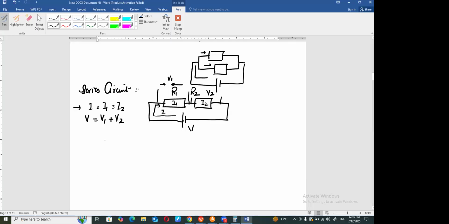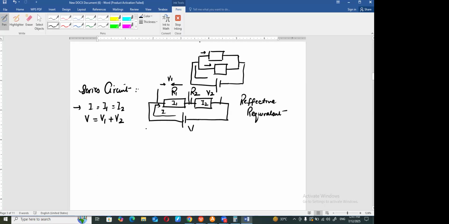Now, one more thing for which we have to do a small derivation. This particular battery is not looking at these two resistors as separate resistances, but sees them as a single resistance, called R effective, which we also call R equivalent.